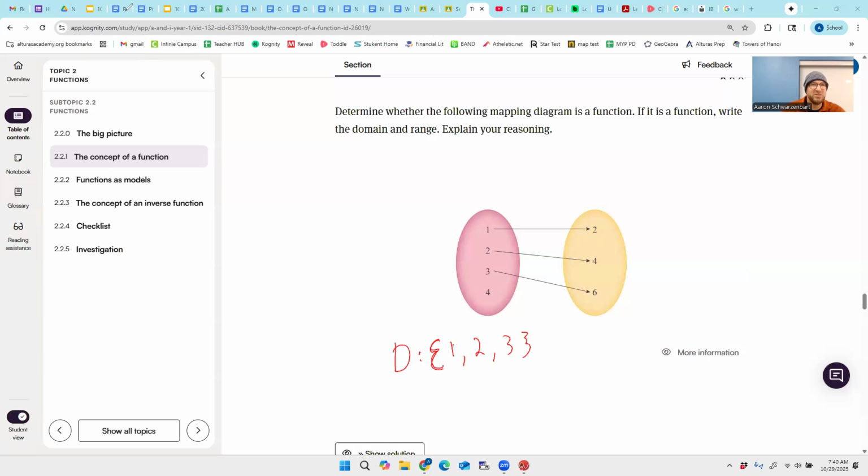It's important that you use these curly braces when you do functions. They don't have to be particularly nice, but 2, 4, 6 is the range.